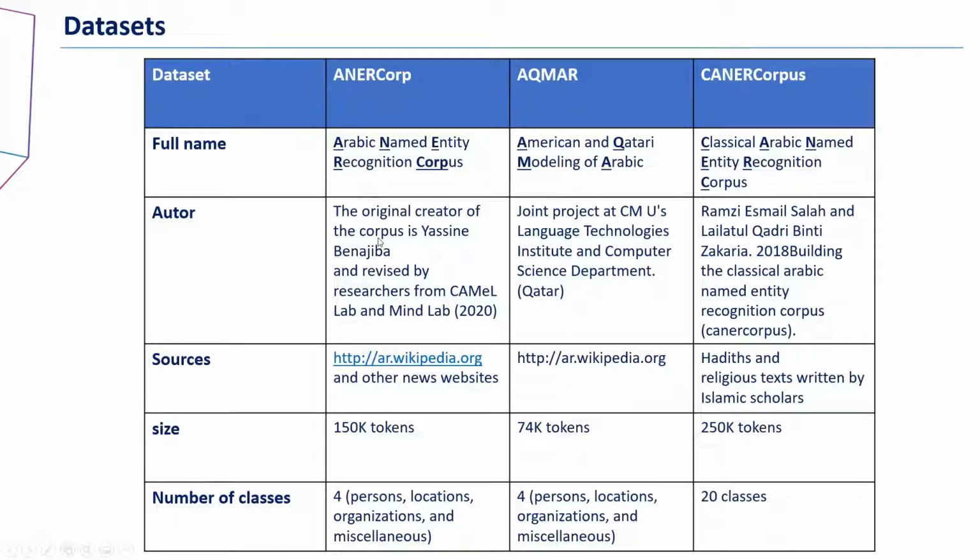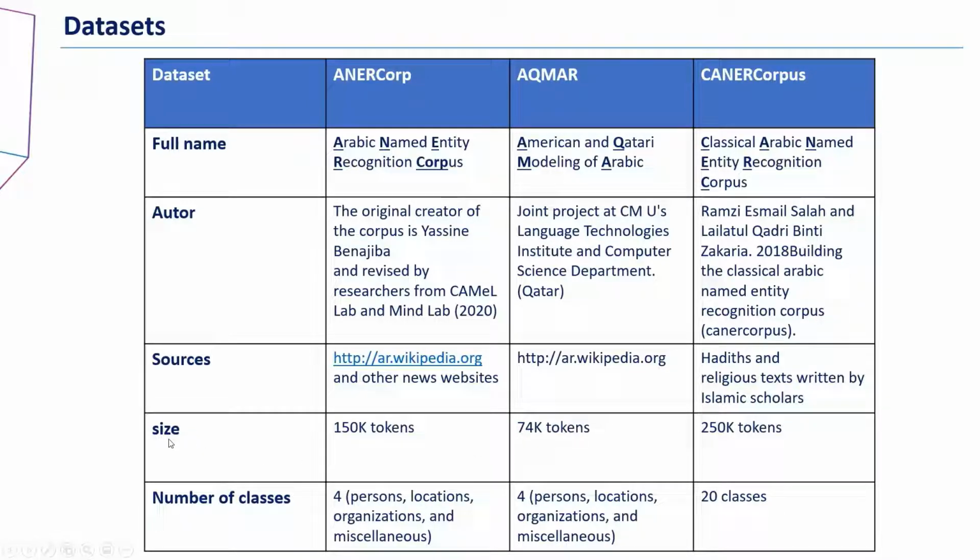The ANERcorp dataset was from Wikipedia and some news websites. The ACMAR is from Wikipedia, as they stated on their website. And the Classical Arabic one is just a bunch of books, hadith books and religious texts written by Islamic scholars.